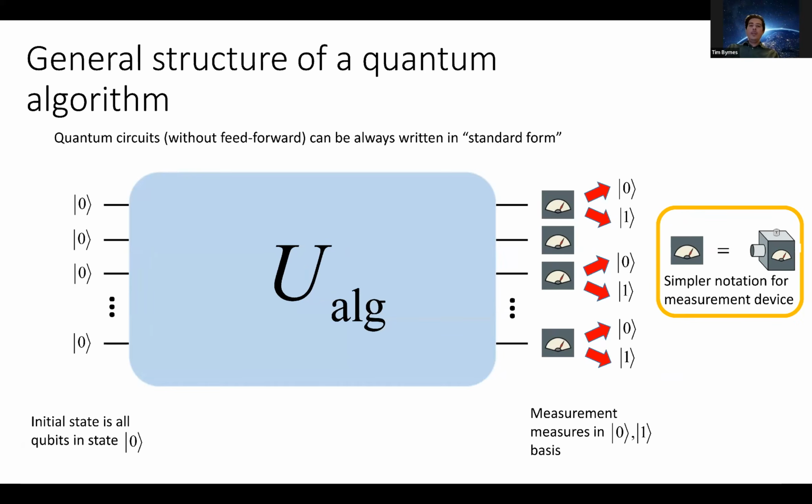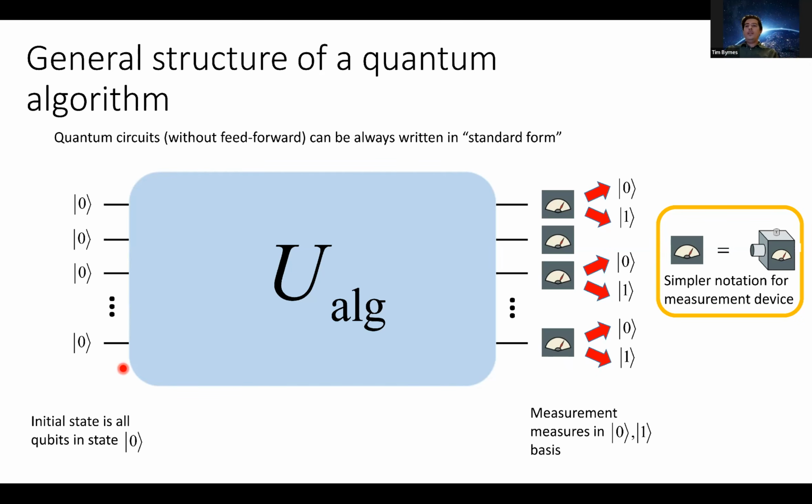Now, we're going to simplify that a little bit more. Previously, I always said that you have some input state, but I'm going to simplify it even more by saying that the input state can always just be 0.